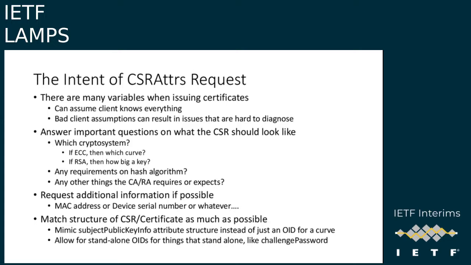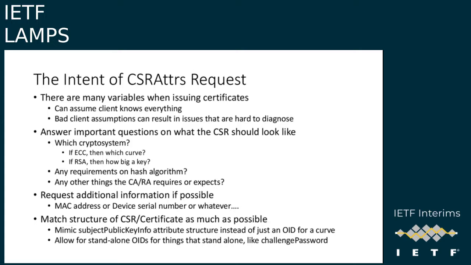So some of the biggest things that we identified were, which crypto system do you want to use when you generate your key? If it's ECC, then which curve, and if it's RSA, how big a key. So you don't want the client generating 1024-bit keys if the CA is only going to sign 2048 and larger.